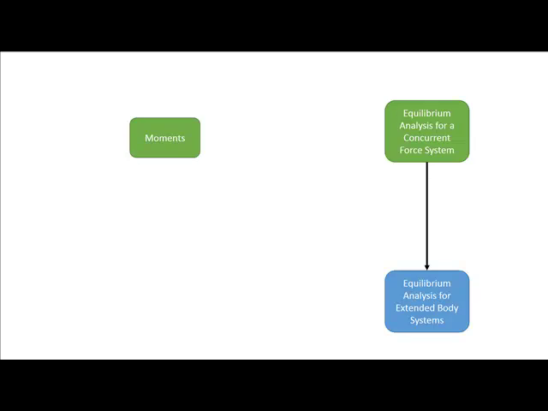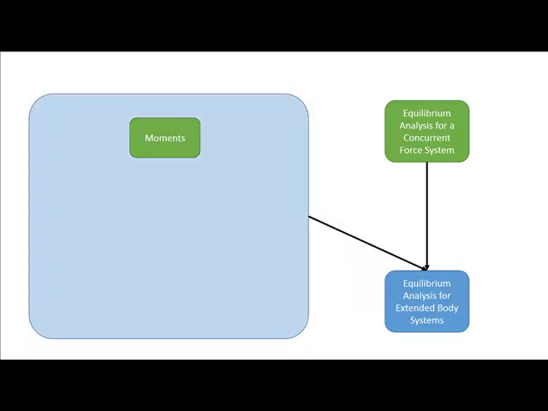And so moments, until now, we've just been kind of talking about them as one simple thing, but really moments are pretty complex. And so we're going to break down moments into a number of different topics, a number of different ways to deal with them. And so with moments, the big decision you need to make is whether or not you're going to calculate moments using scalar calculations.